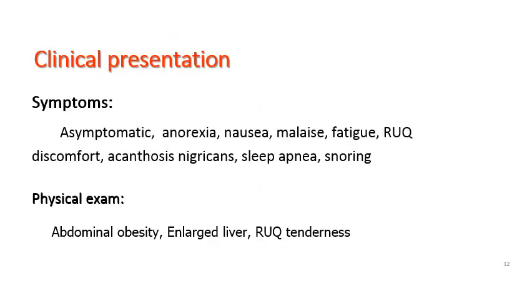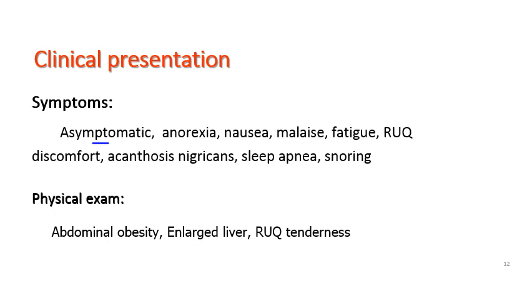How does non-alcoholic fatty liver disease present? Well, mostly it is an asymptomatic disease. Patients may complain of anorexia, nausea, malaise, fatigue, right upper quadrant discomfort, or the manifestations of metabolic syndrome such as acanthosis nigricans, sleep apnea, or snoring.